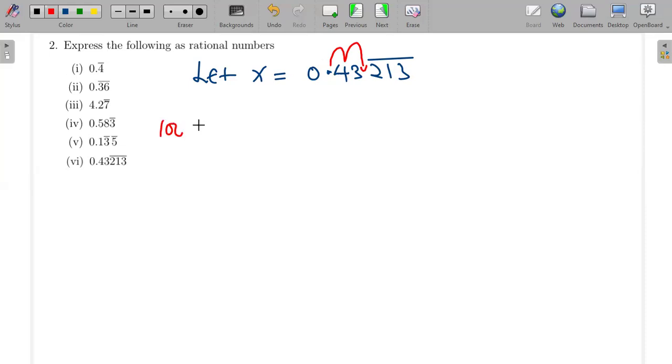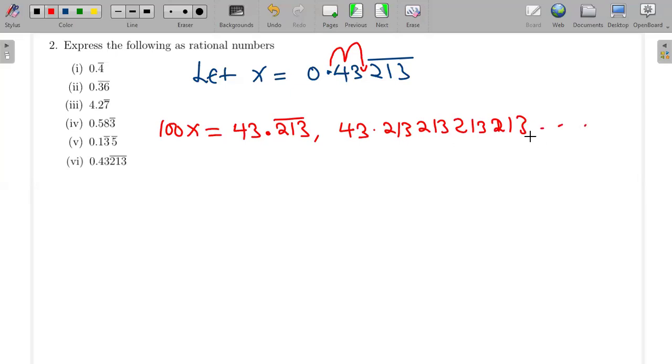So that's the same as 100x is equal to 43.213 bar. Right, so this number here is the same as 43.213, 213, 213, 213, just like that. So the 213 repeats.